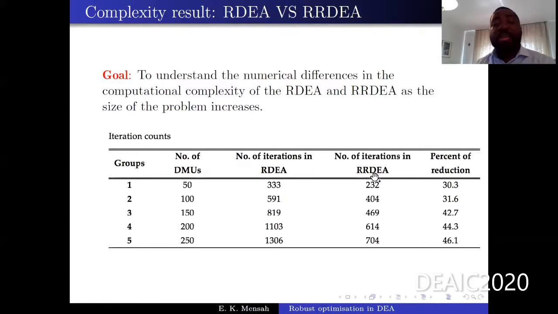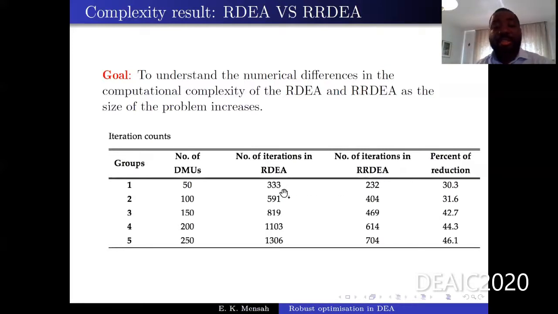However, for the reduced robust counterpart, you see that we've been able to reduce the iteration count involved in solving the model. Whereas for 50 group of DMUs, the iteration count in the Sadjadi and Omrani's model is 333. Using the reduced robust DEA, we have 233 iteration count, and we have 30.3% reduction.